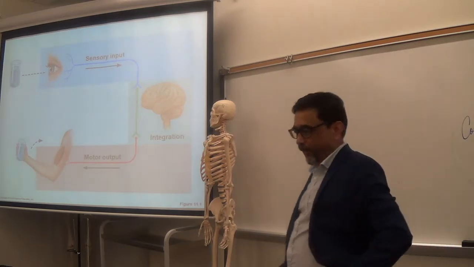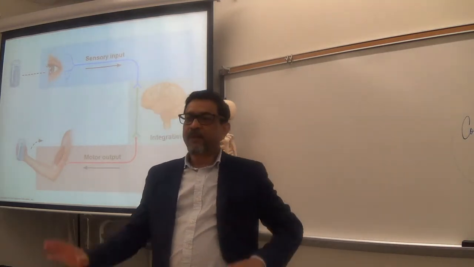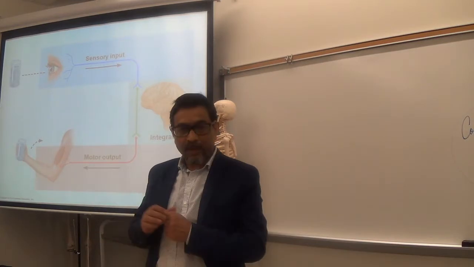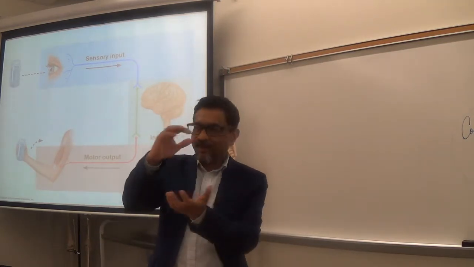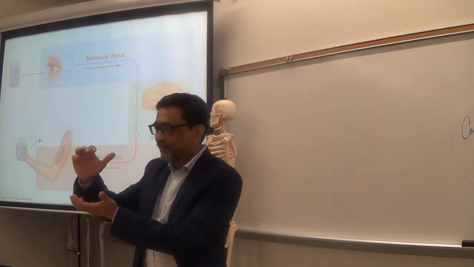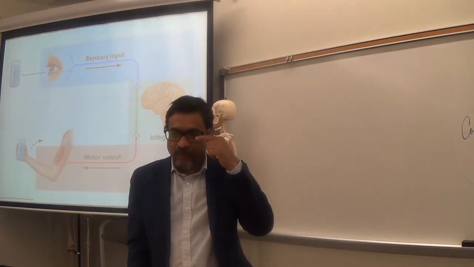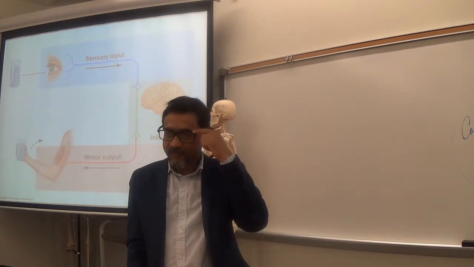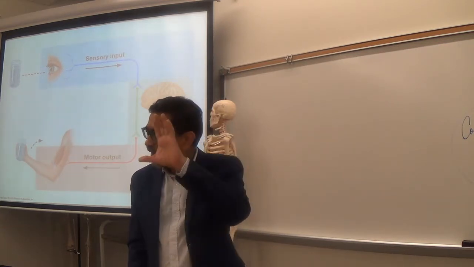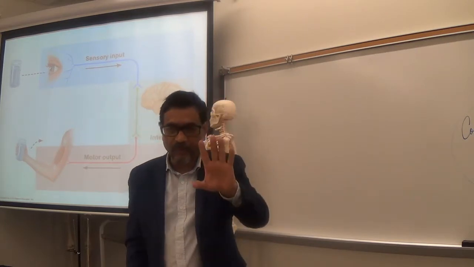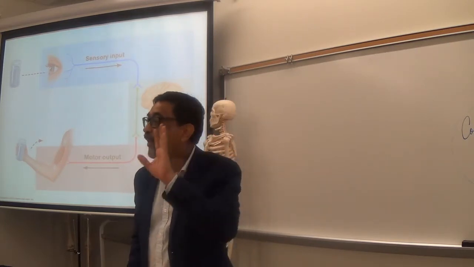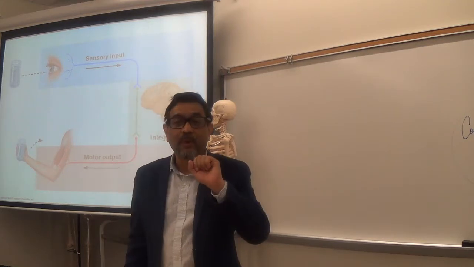Another example: when you are thirsty, you look for water. If you see a glass of water, the sensory input goes from where to where? You are seeing, so from the eye to the brain, right? Makes sense? So that is sensory input in this case. Then in this case, the brain will do what?